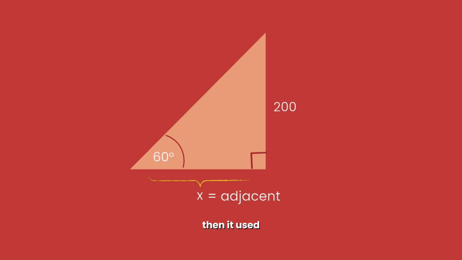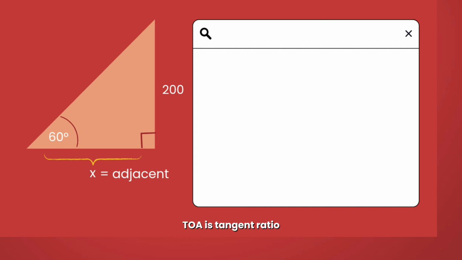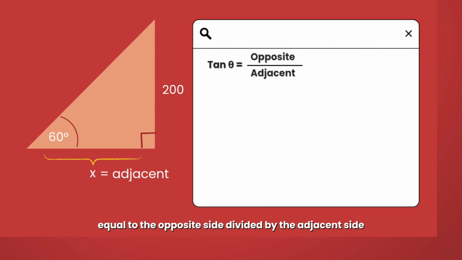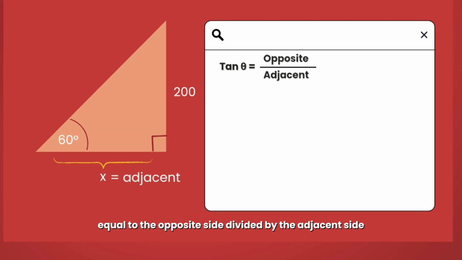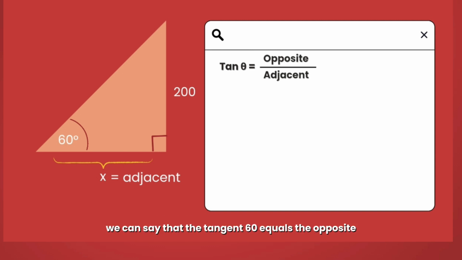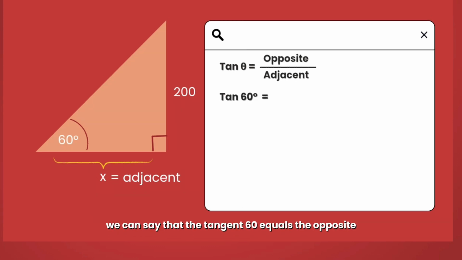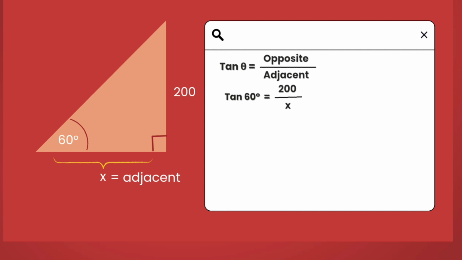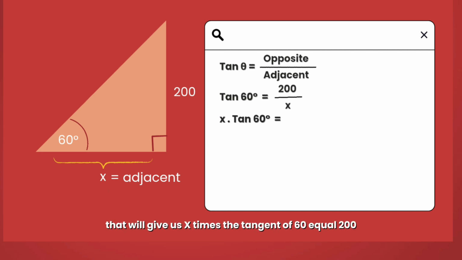we use TOA. TOA is the tangent ratio. Tangent of theta equals the opposite side divided by the adjacent side. We can say that tangent 60 equals the opposite, 200, divided by the adjacent, which we denote by x. That will give us x times tangent of 60 equals 200.